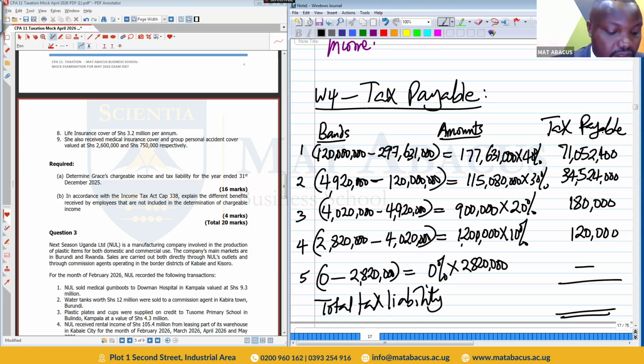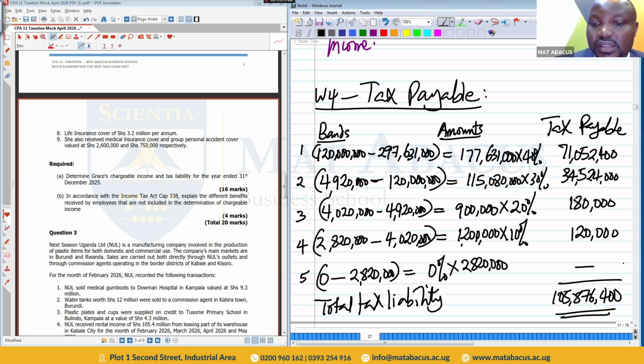Then you add the taxes. Get that plus 34,524,000 plus 180,000 plus 120,000, which will have the tax of 105,876,400.